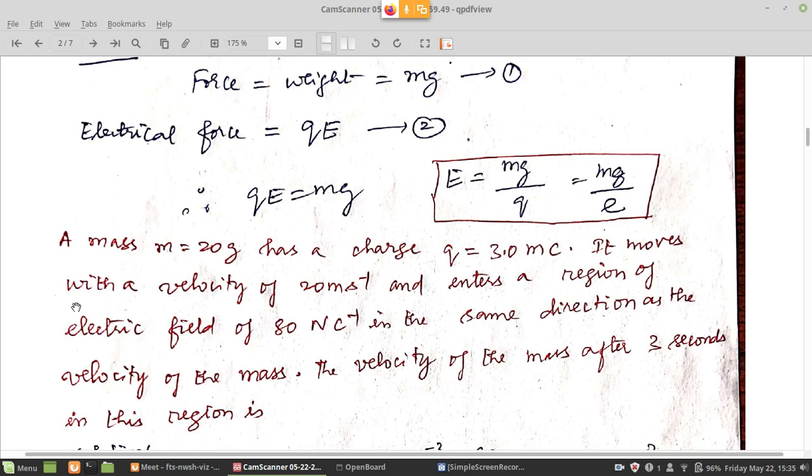You must have done a lot of such problems in the first year also, but additionally here the electric field comes into the picture because of the charge.